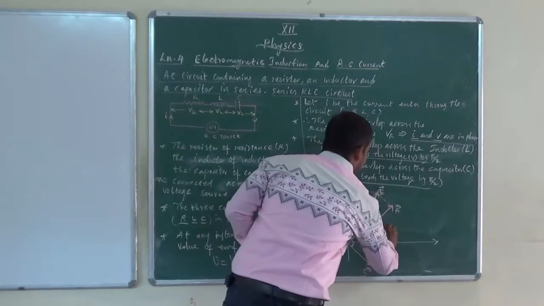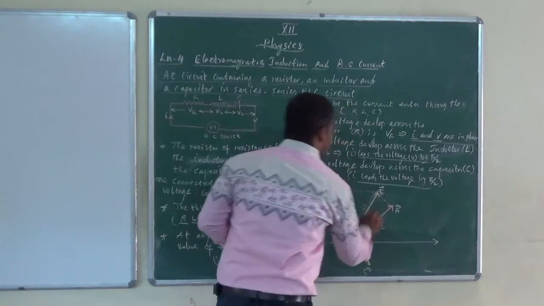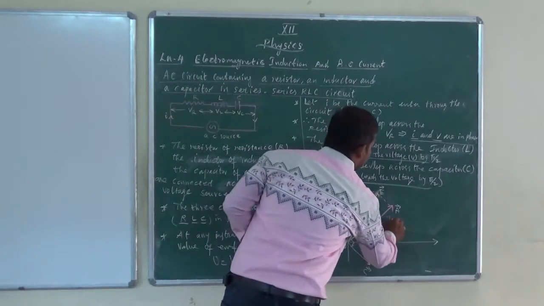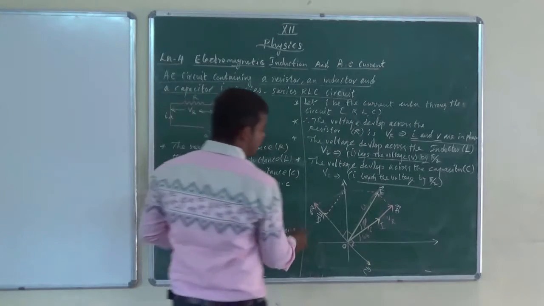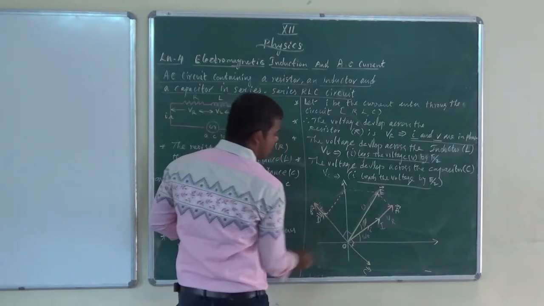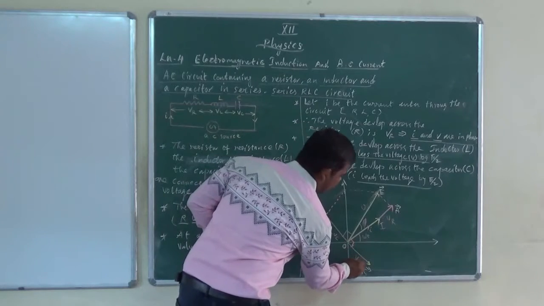This is capital I, then small i current, and this is V, and this is VR, the voltage across the resistor. This is VL, this is VL minus VC. This is VC.